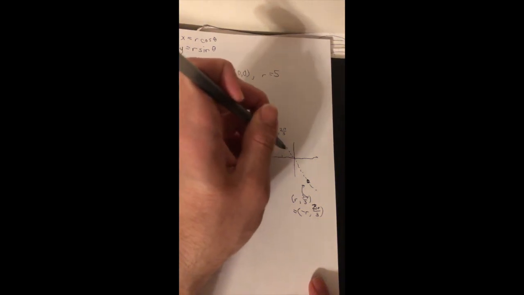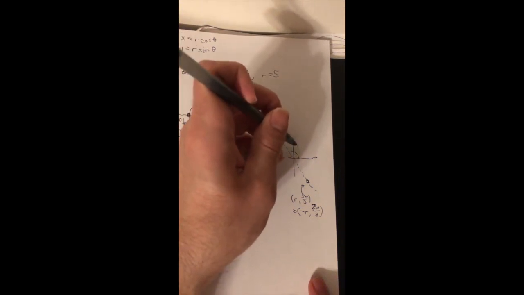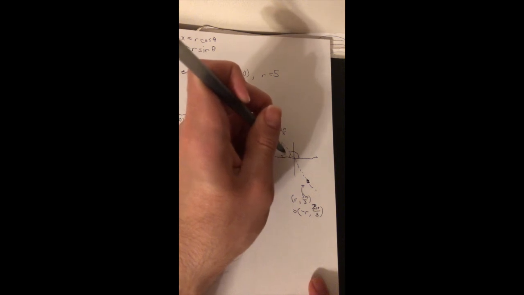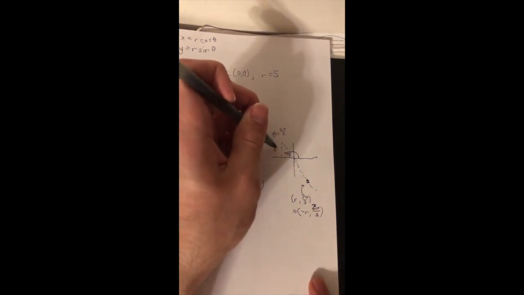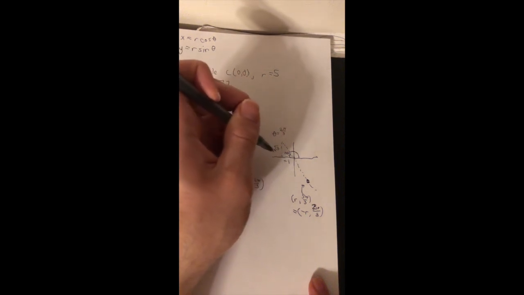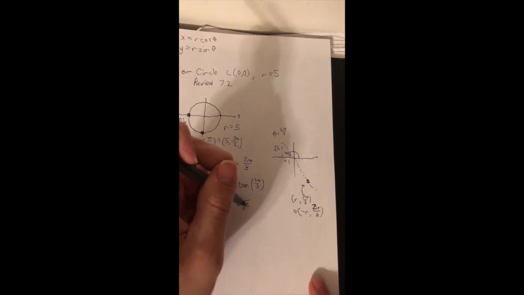So y over x is going to be, now what's the tangent of 2 pi over 3? That's going to be one of my reference angles, right? So if I think about what the tangent of 2 pi over 3 is, my reference angle here is going to be pi over 3, or 60 degrees, so square root of 3, negative 1. So tangent of 2 pi over 3 is going to be negative root 3.